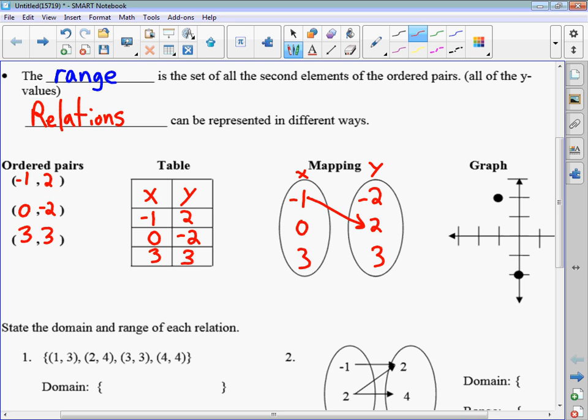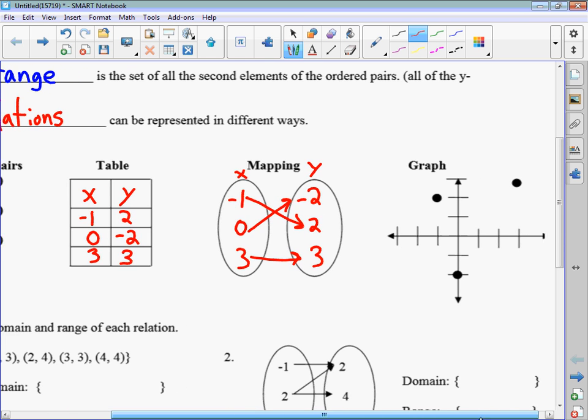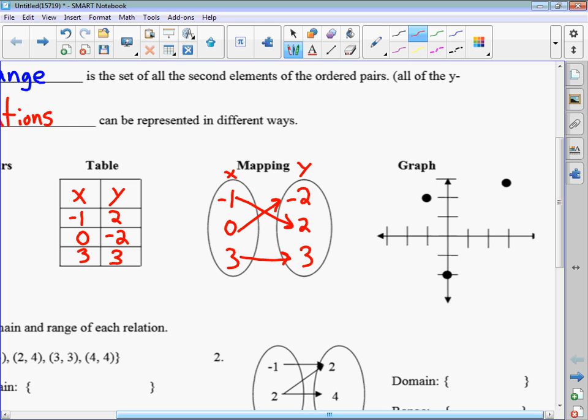So -1 with 2, 0 with -2, and 3 with 3. And then, of course, we can also just have it shown as a graph. So I've plotted each coordinate, -1, 2, 0, -2, and 3, 3.